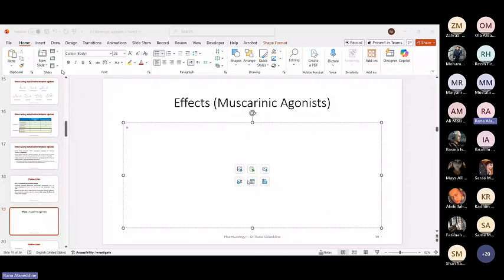Because you're sleepy, we're going to try to write down the possible effects of muscarinic receptor agonists. What's going to happen to the eye, what's going to happen to the heart, and all of those. Just in the form of practice.